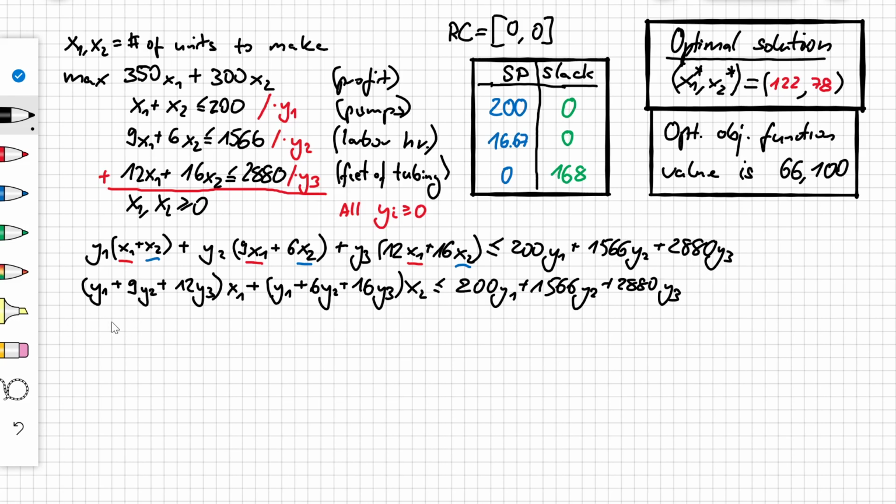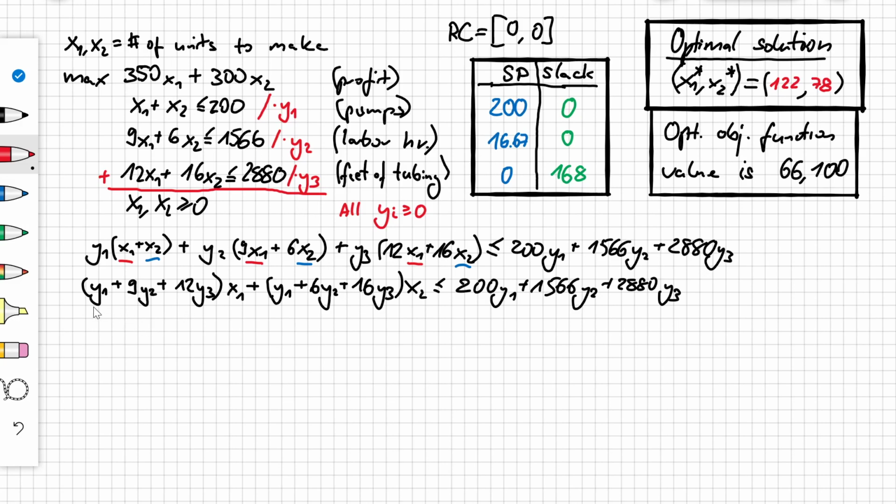Now let me observe another thing. If I compare the left-hand side of this inequality to the objective, the objective is also something times x1 plus something times x2. When will this function be greater than or equal to the objective?